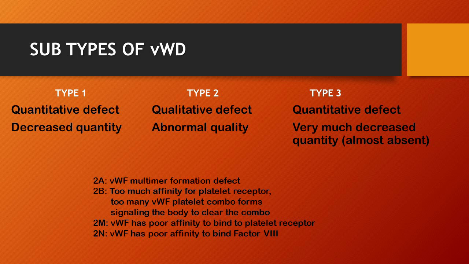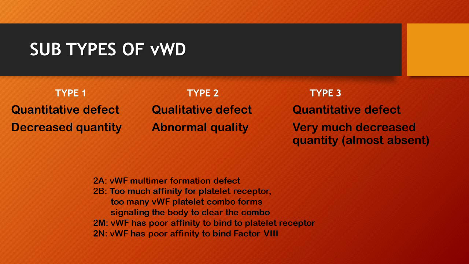So the point is 2B is the only von Willebrand disease where you should not give DDAVP. 2A means multimers not found. 2B means too much affinity. It binds to platelet and just doesn't leave it, forcing the body to remove it. So there is thrombocytopenia plus decreased von Willebrand factor in 2B.